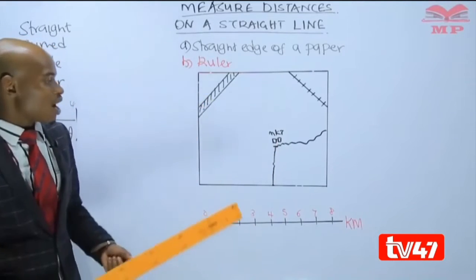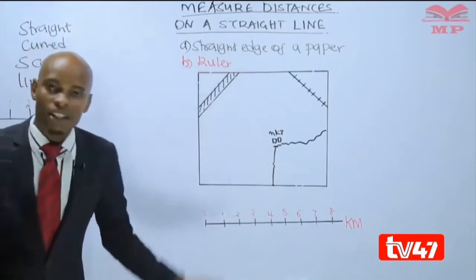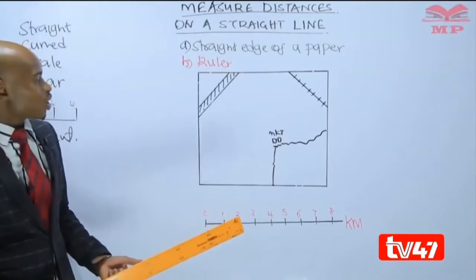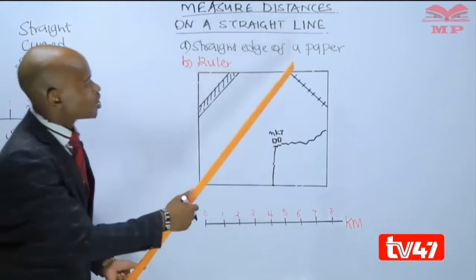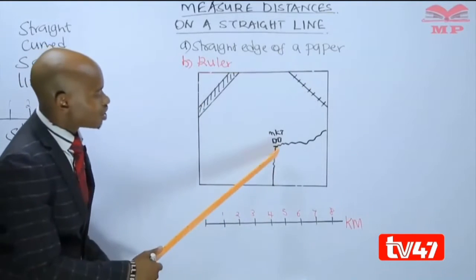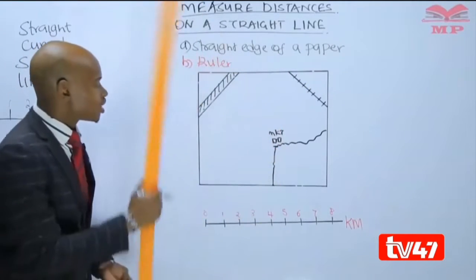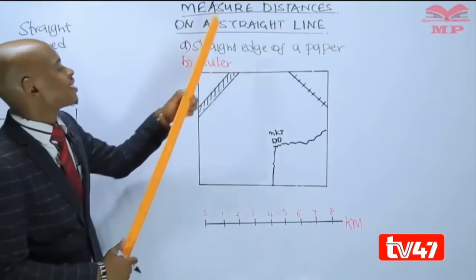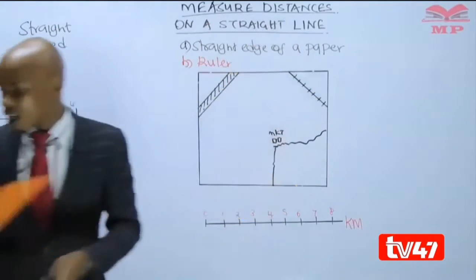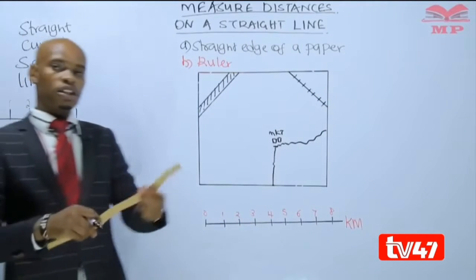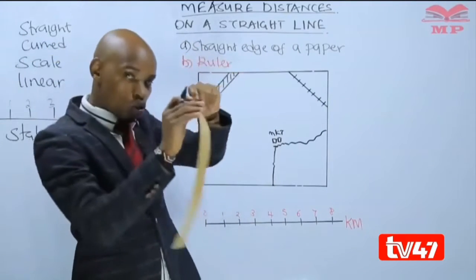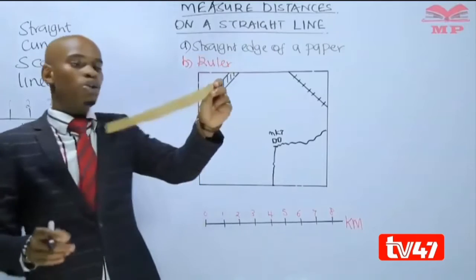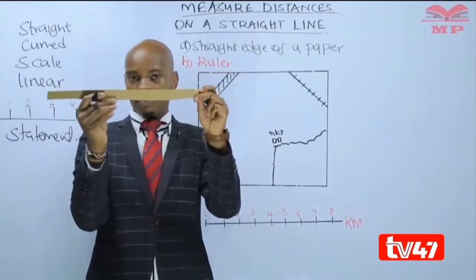After identifying which are these straight lines: these are straight road, these are straight railway, this is a straight river. So how do you get their measurement now that you have the scale and now we are using a straight edge of a paper? Because it is a straight line, you use a straight edge of a paper.